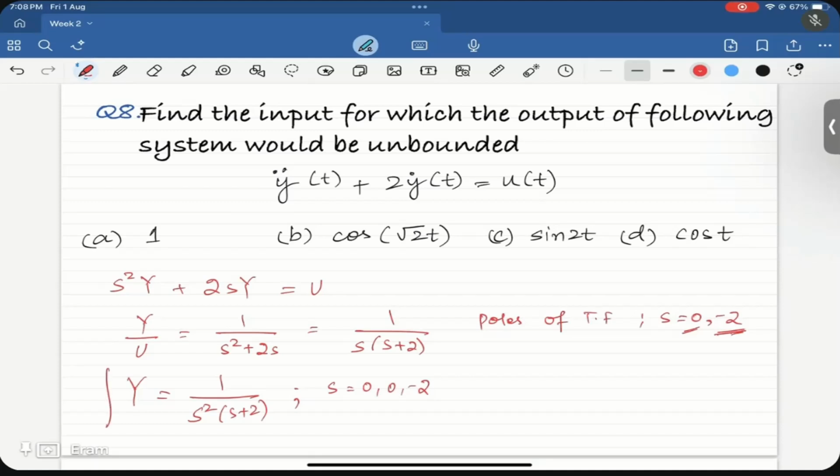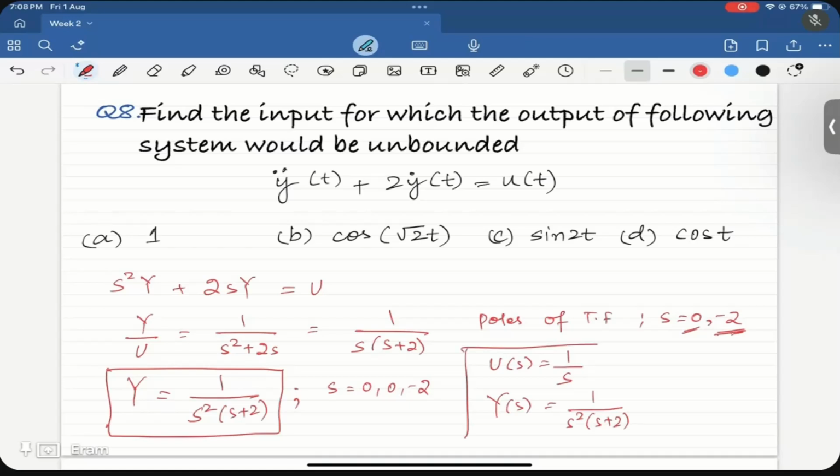So to make Y, what U do we need to take? 1. So if we take U(s) as 1 by s, then my Y(s) will be the same as what we require, right?